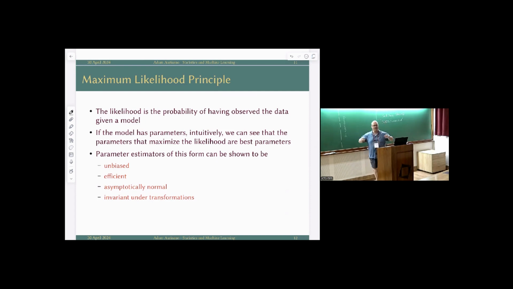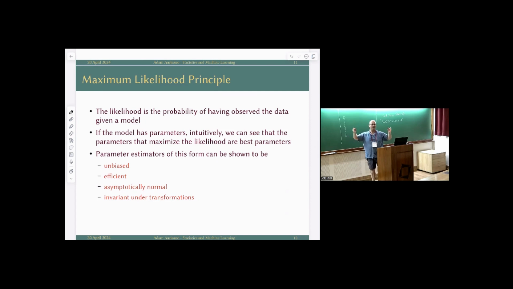But the idea is that if you can make a likelihood, right? So you're saying, what is the probability of having observed this data given a model? And then you say, this model has different parameters, right? And if you move the parameters around and recalculate your likelihood over and over again, the set of parameters that make that likelihood as big as possible is in some ways more right than any of the other models that you have, right?